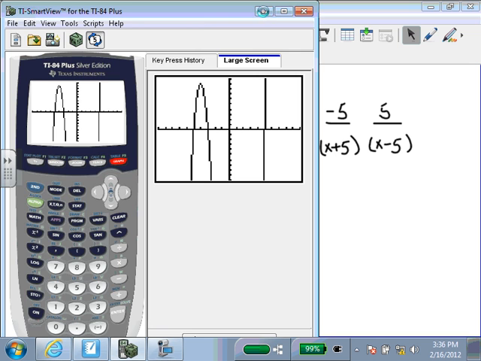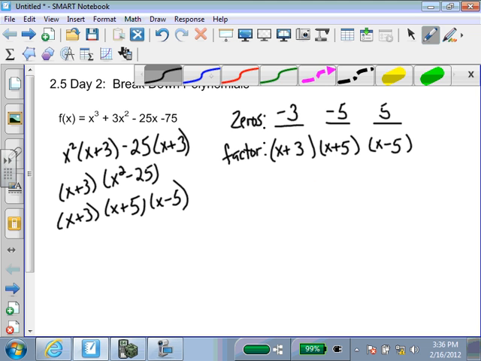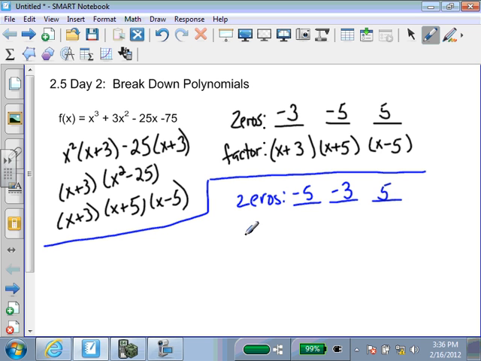So if I hadn't seen that, I would have not done this work. I would have said, based on what I see, my zeros appear to be at negative 5, negative 3, and 5. And I would have done synthetic division.